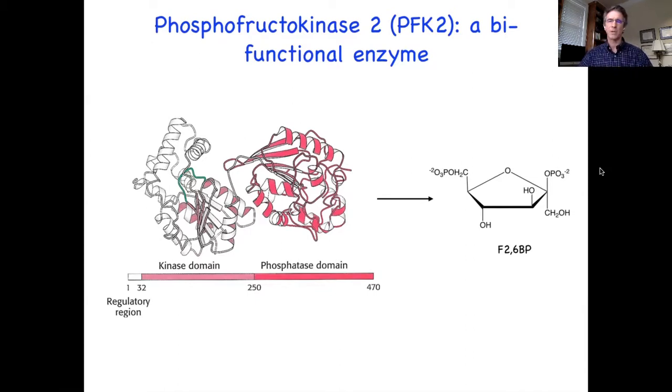It's a tiny enzyme compared to PFK1, and it's a bifunctional enzyme. So it has a kinase domain and a phosphatase domain. The kinase domain takes fructose 6-phosphate and makes fructose 2,6-bisphosphate by putting that phosphate group on. The phosphatase domain then takes that off and converts fructose 2,6-bisphosphate back into fructose 6-phosphate.